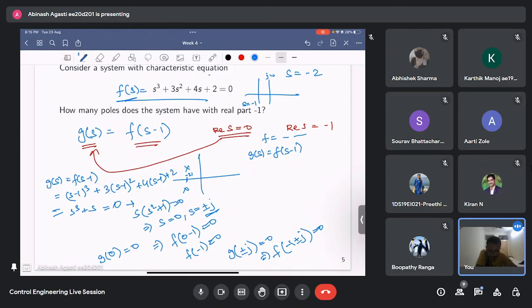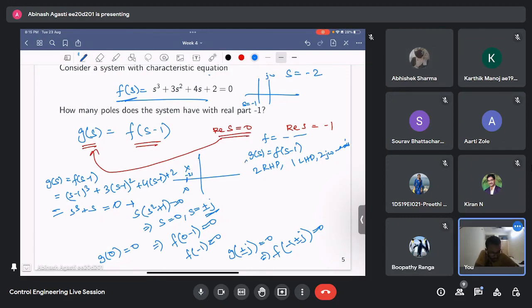Say when I make the Routh array for g, I get 2 RHP, 2 LHP and 1 j omega axis. Sorry, say 2, 1, 2 j omega axis. Yeah? This is clear? Yes, clear, sir.